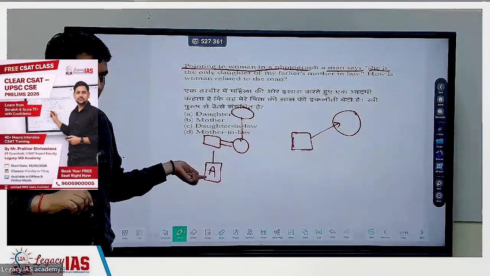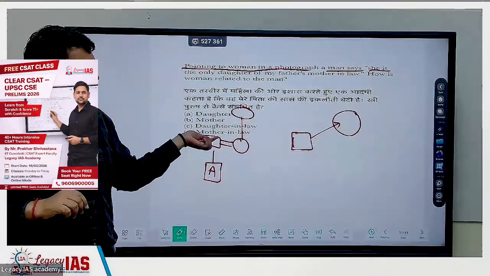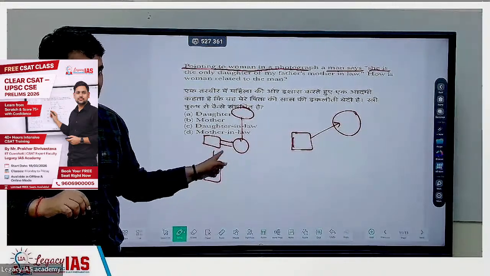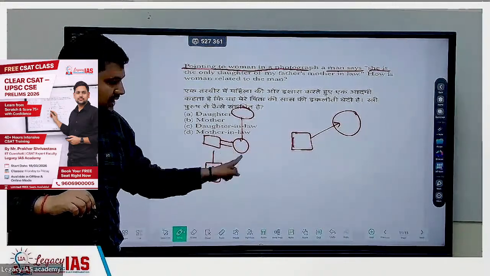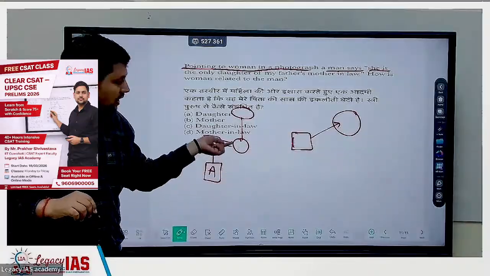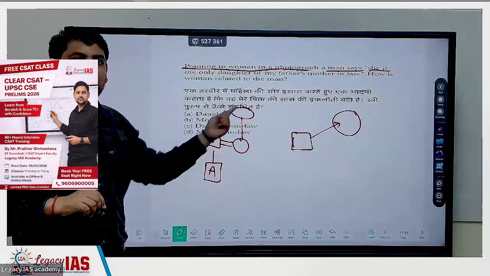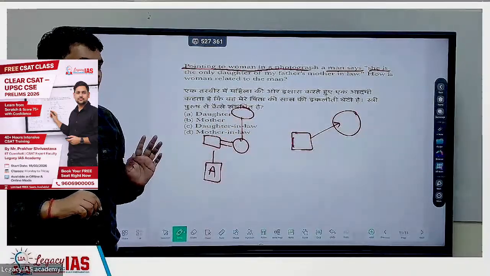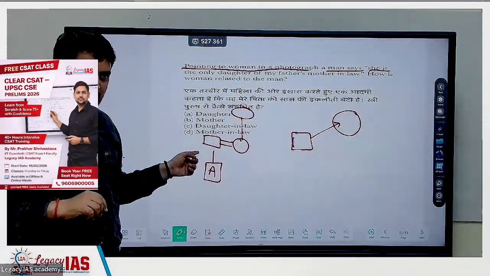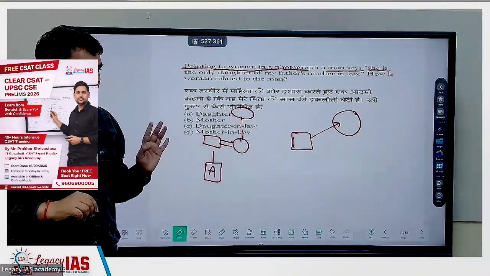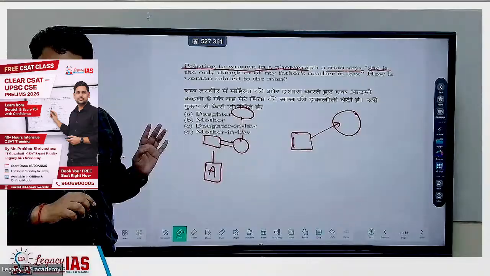This is A. A's father would be in a box, then connected by double lines because they are a couple. This is his mother and mother's mother. This is his father's mother-in-law. Understood? Mother's mother is this one's mother-in-law. Got it?